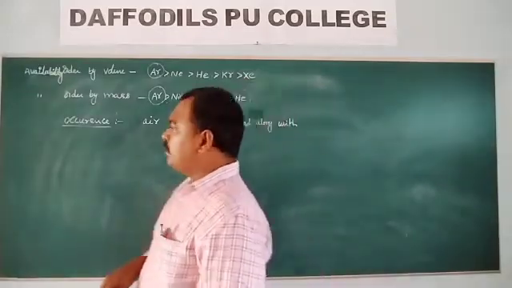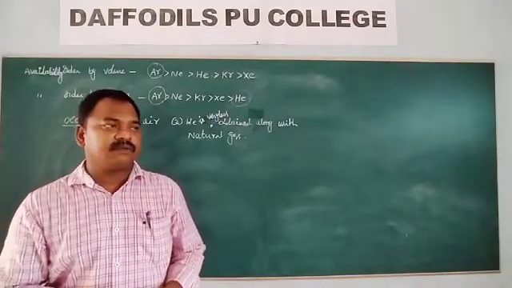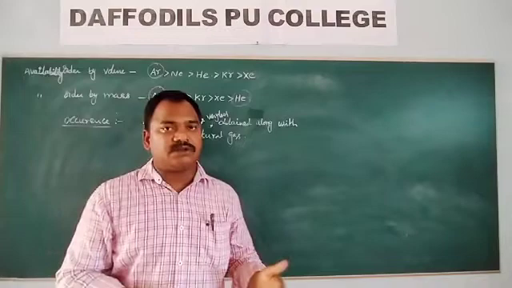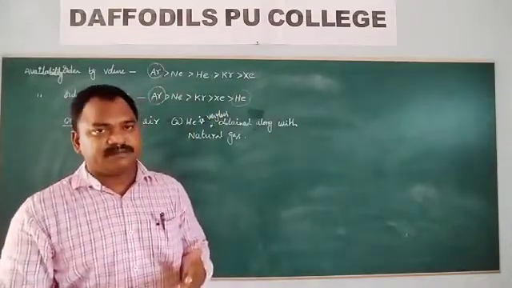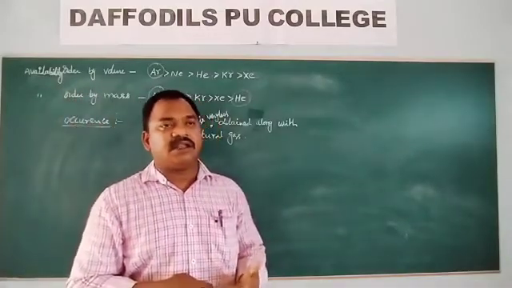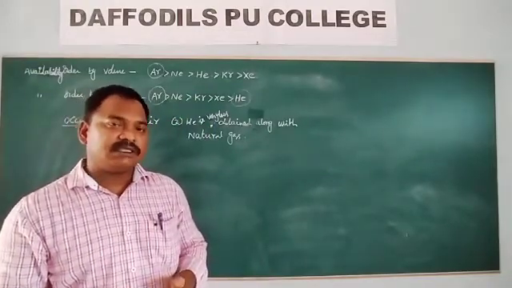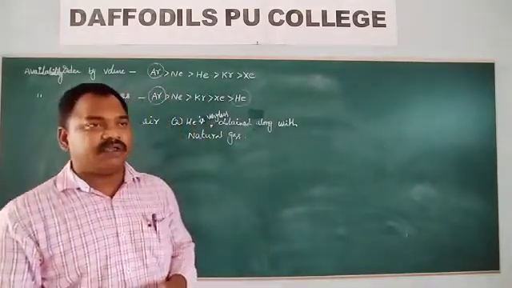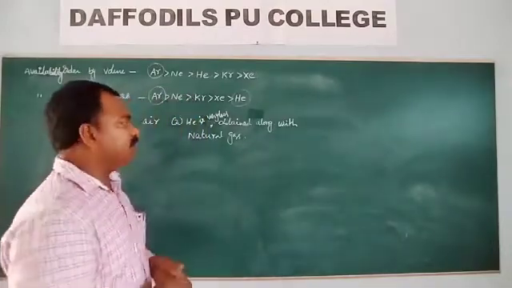These inert gases also can be obtained from the minerals of radioactive elements like pitchblende and cleveite. Cleveite is a radioactive mineral, and along with cleveite, a small amount of helium is present.